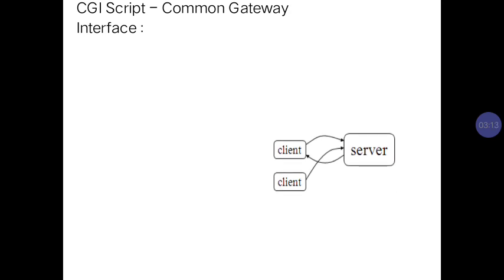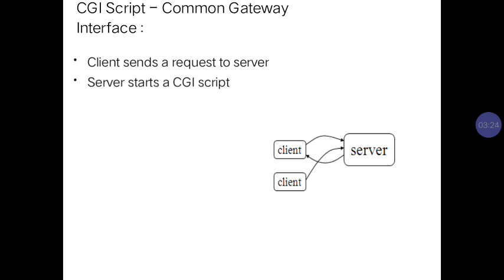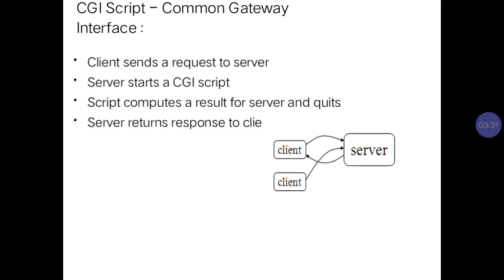Before servlet, there is a concept that is the CGI script. CGI stands for Common Gateway Interface. In this diagram, we can see clients are sending requests to a server. The server starts a CGI script. The script computes a result for the server and then quits.